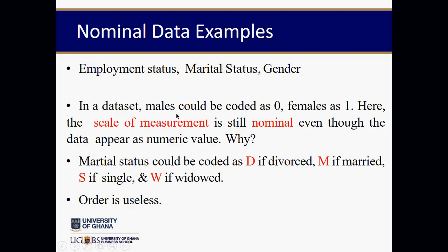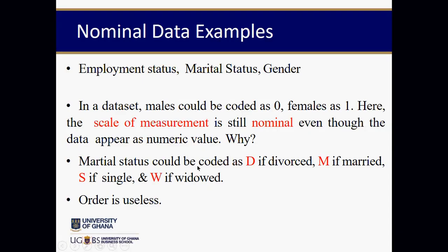In a data set, males could be coded as 0, whereas females can be coded as 1. In what we'll be doing, we'll be using 0 for males and 1 for females. Keep this in mind. Here, the scale of measurement is still nominal, even though the data appear as numeric values.